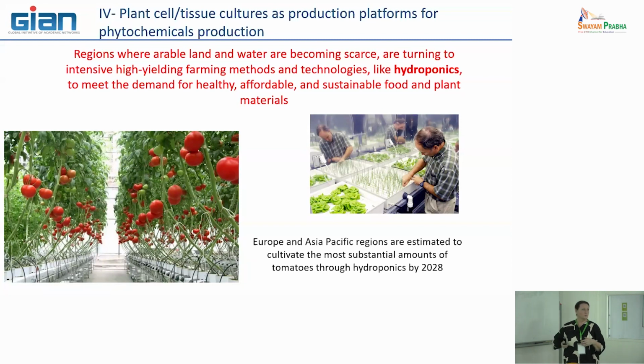One of the most interesting examples is tomato, where in Europe and also in the Asia-Pacific region it is one of the most sustainable cultures through hydroponics by 2028. So this mode of culture is now quite well established for several vegetables such as tomato.